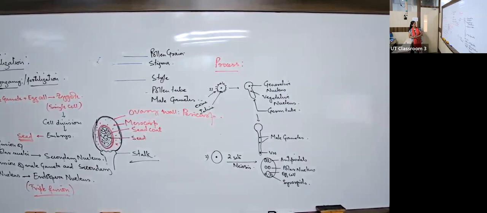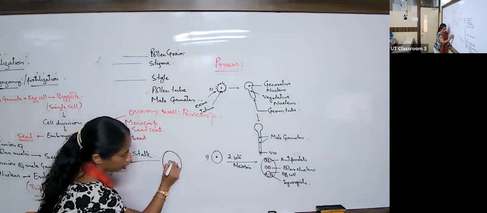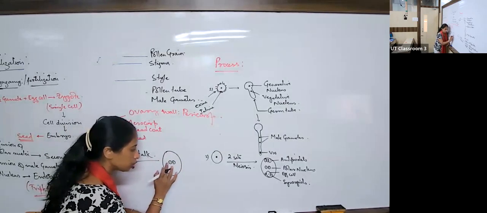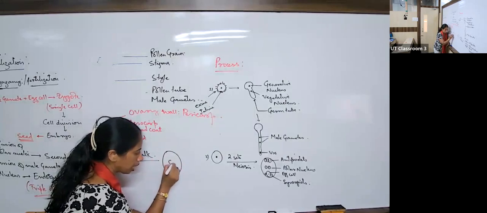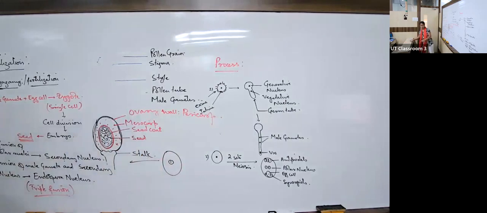Fusion of the male gamete and the secondary nucleus only will give you the endosperm. No, I made a mistake earlier. See, what comes first? Earlier I had drawn the ovule with polar nuclei. Then what was happening? These two polar nuclei were getting fused and a secondary nucleus was coming into existence. So what is the process of fusion?